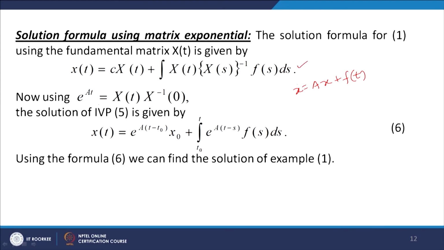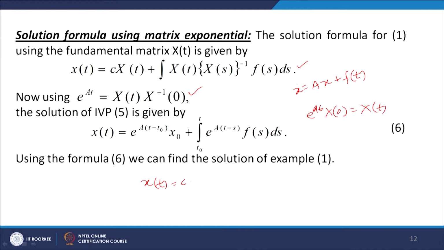Now, let us find another, alternate formula for the matrix solution. e to the power At, we know, is X(t) into X inverse(0). So, if you post multiply by X(0), e to the power At into X(0) is equal to X(t). So, we will get the value of X(t) here.